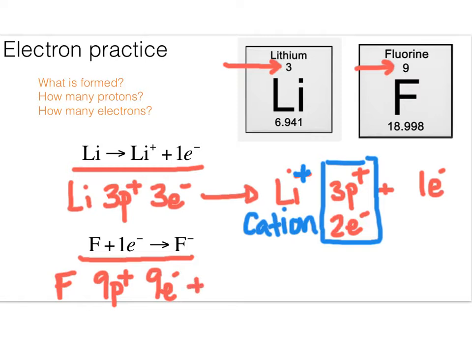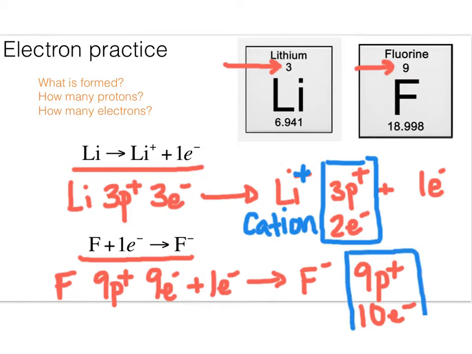And if we're going to give it an extra electron, then we're going to get this F minus. If we count up what we have here, once again, it's still fluorine, so we should expect to see 9 protons. And now 9 plus 1, we should have 10 electrons. We have 10 negative and 9 positive, and that should give us our negative 1 here. And this is our anion.